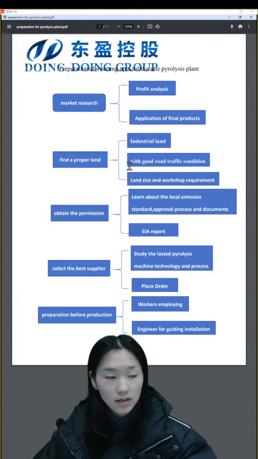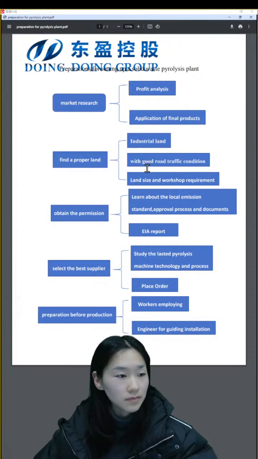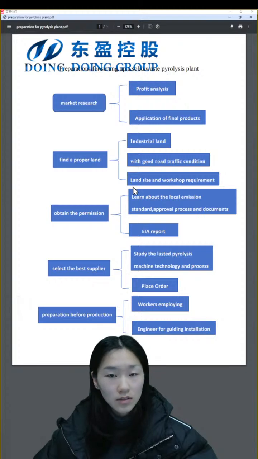So this problem is very important. Lastly, you need to consider the land size and the requirements of the workshop.